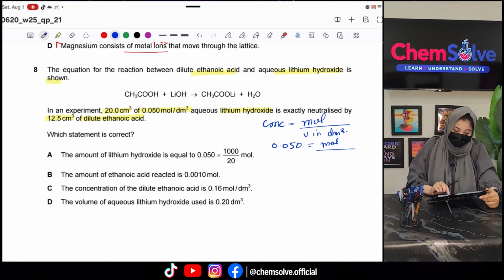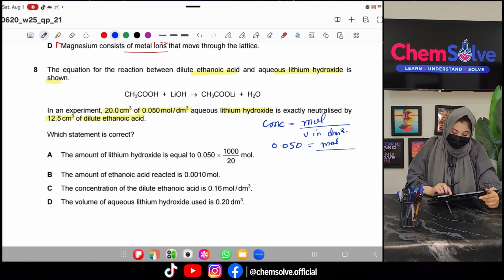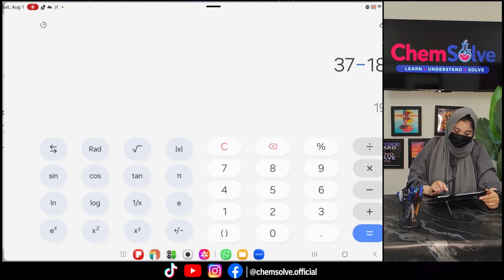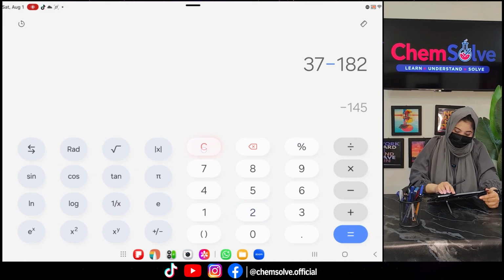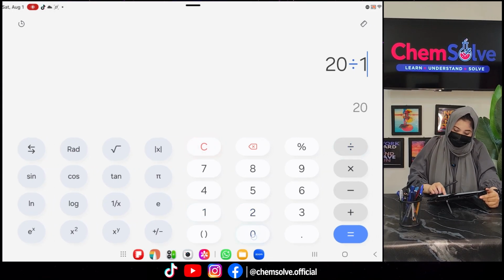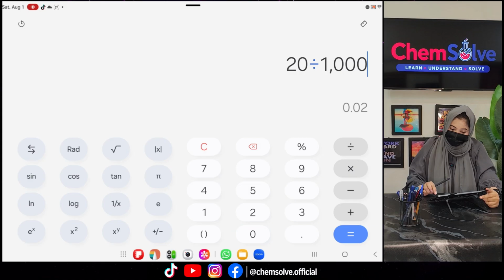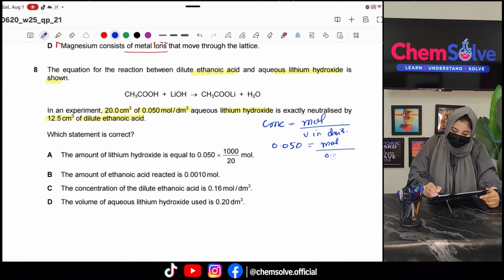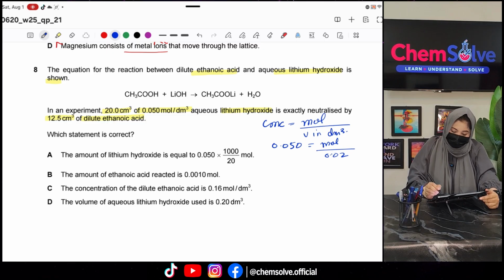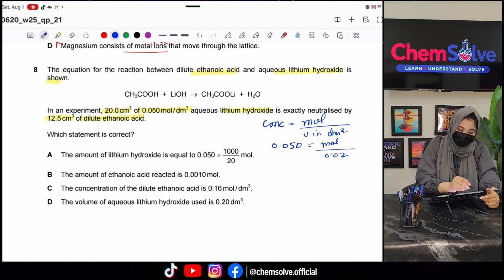Volume in dm³. So volume is 20 here. 20 divided by 1000 is 0.02. I'm not going to convert it because in the options they are not being converted, so I will just write it as such.